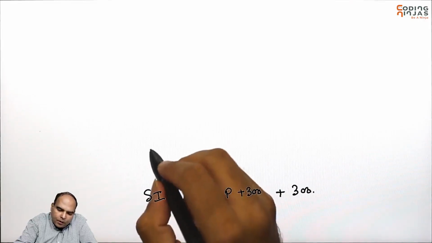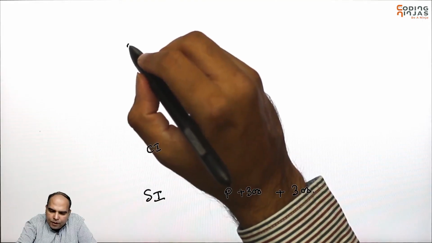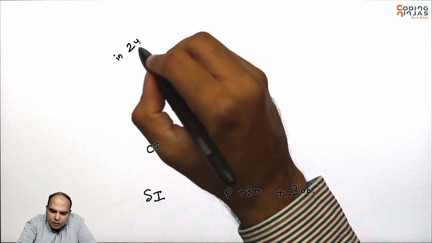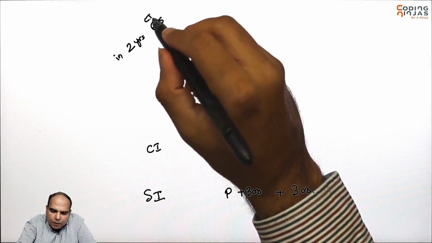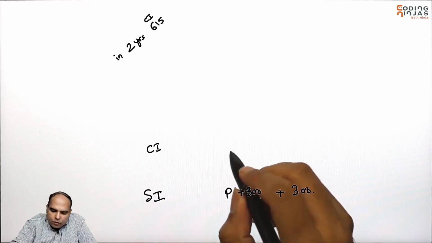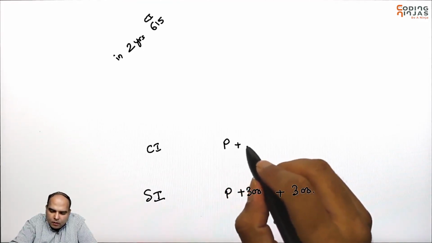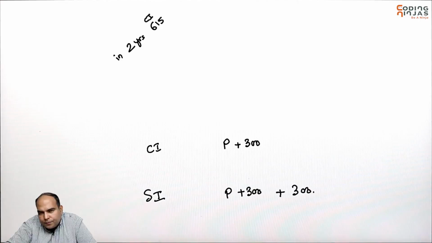Now the compound interest part of the question says that in 2 years the compound interest earned was 615. And we know that the compound interest in the first year is the same as the simple interest of the first year. So P would be giving us an interest of 300 in the first year, even if it's compound interest, because the rate of interest is the same and the principal is the same.